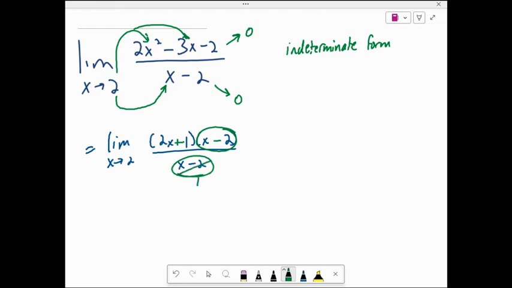We can see again that these are going to divide out, and we have now found an equivalent function to the original function we were given. The original function is not defined at 2, this function is. So now I can take the limit as x goes to 2 of this function, 2x plus 1, and I can see that the limit of the original function must have been 5. Right? So 0 over 0, we don't know what's going to happen. We're going to have to simplify and see what we can get.